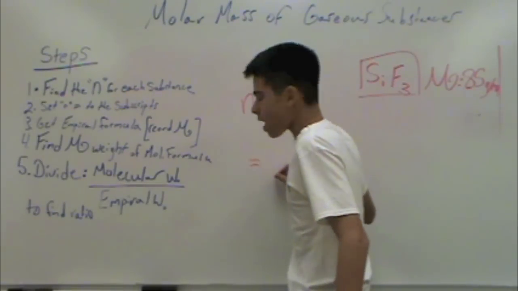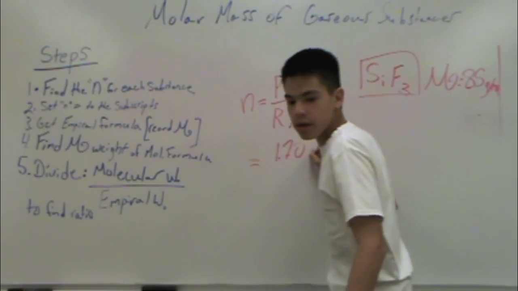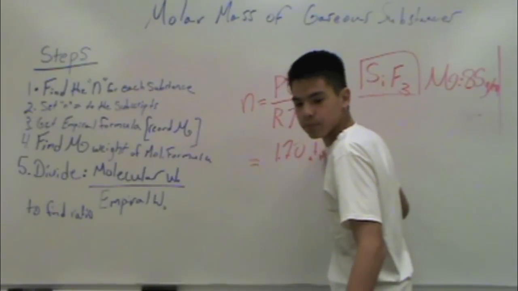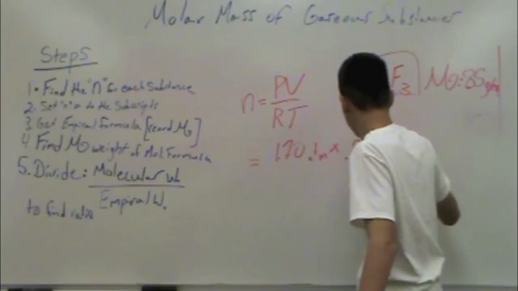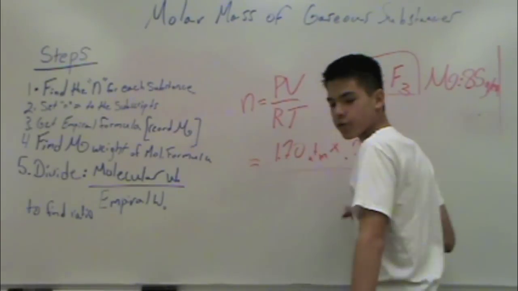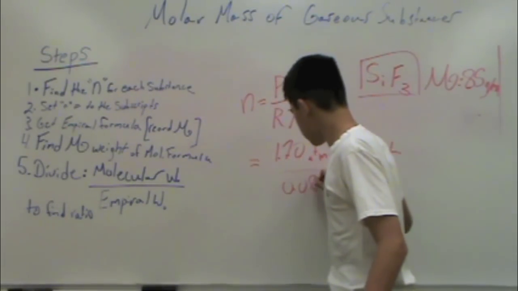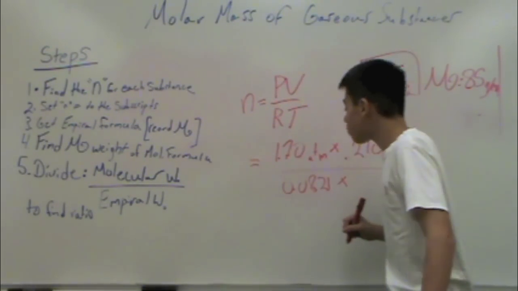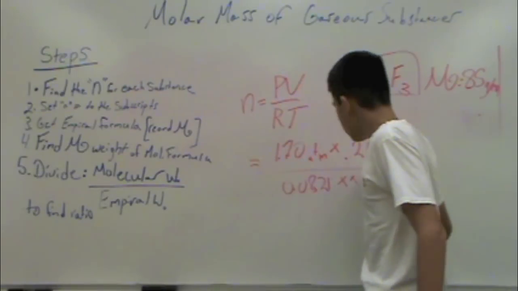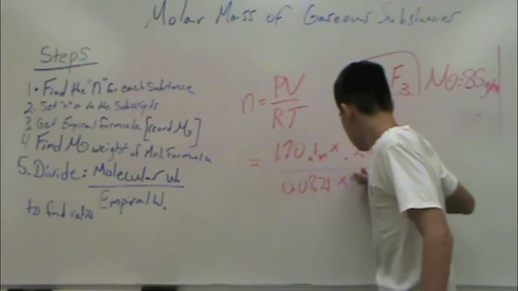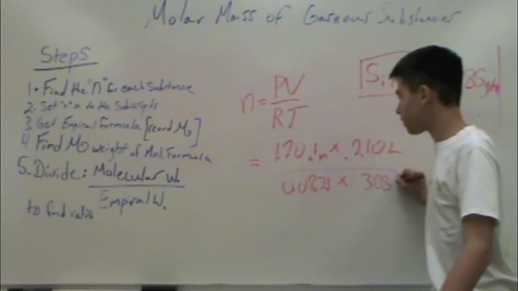and plugging in our numbers, 1.70 atm times 0.210 liters over our proportionality constant, which is going to be this, 0.0821 times the temperature in Kelvin, which is 308 Kelvin.